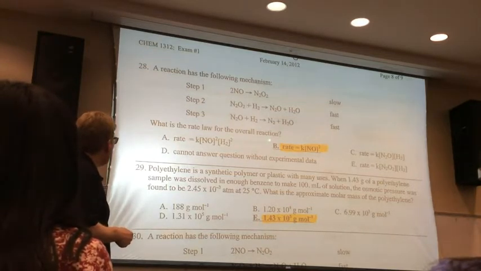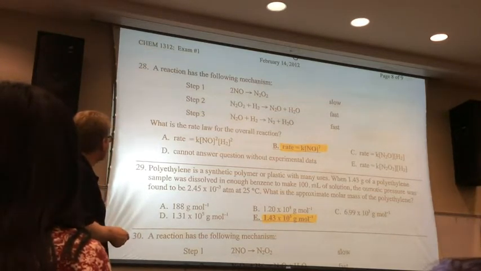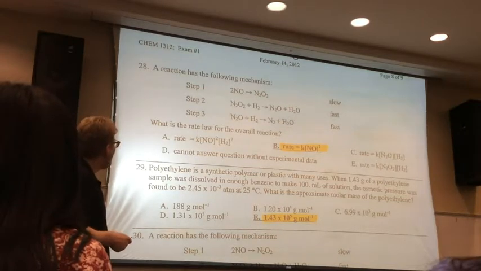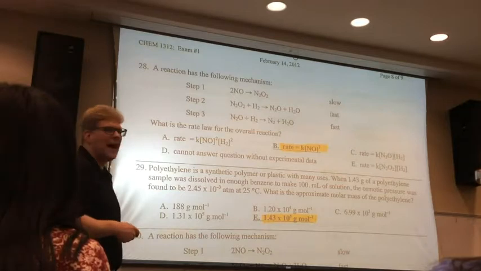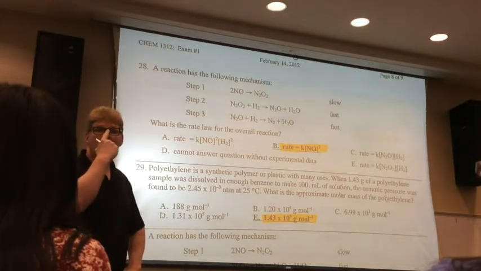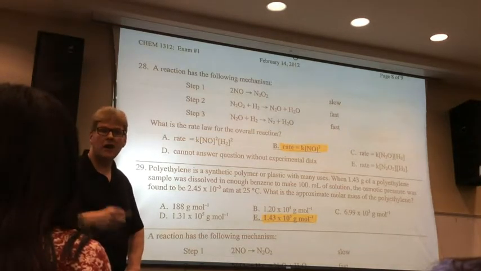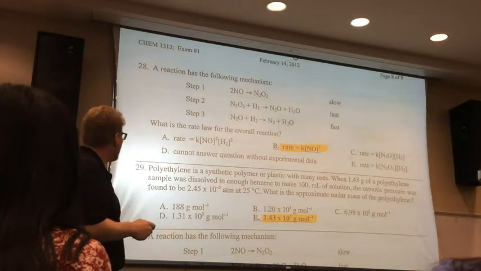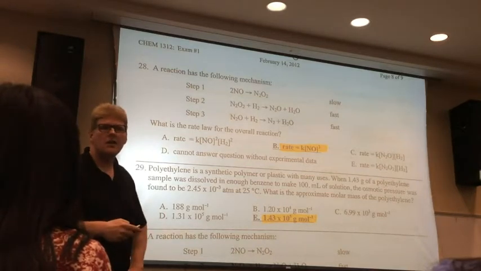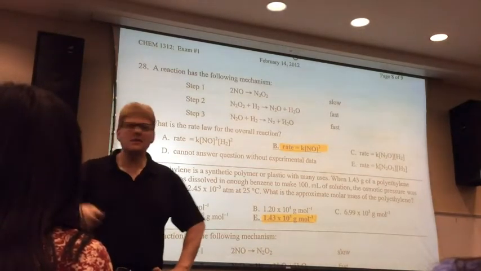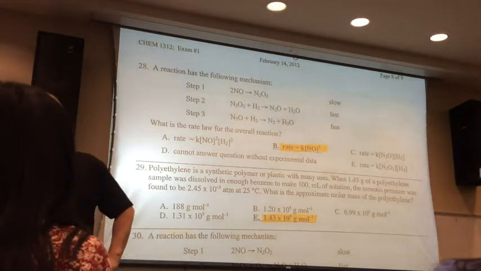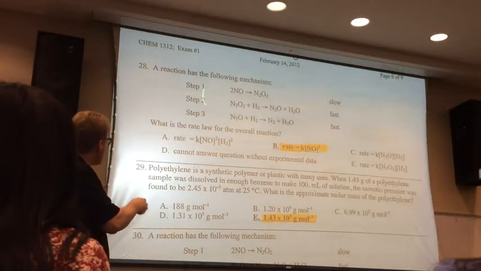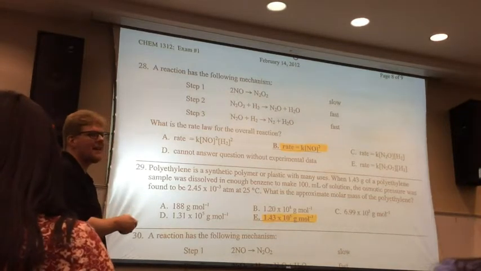All right, so we have this mechanism, and we want to know what the rate law is for the overall reaction. So what's our strategy? How do we figure out what the overall rate law is going to be? We look at the slow step. Remember, in a mechanism, the slow step is the rate determining step. If you're told this is the mechanism, you're not asked to validate it.